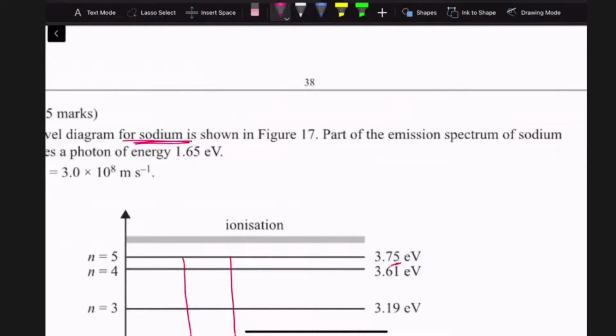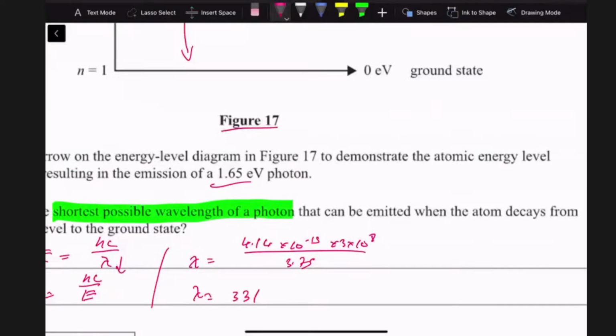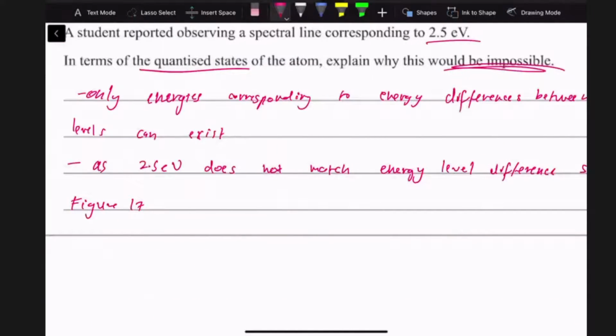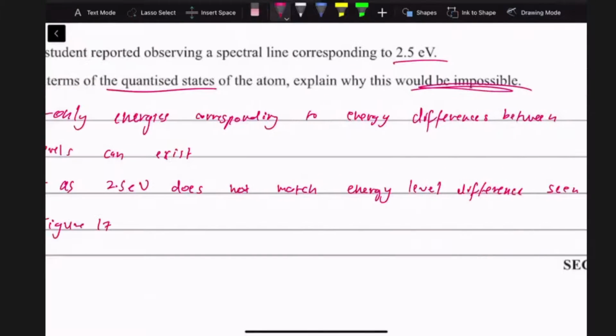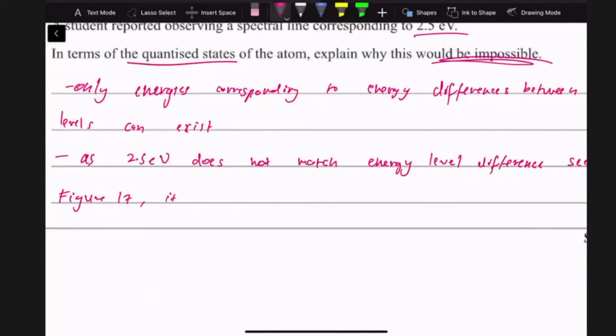No, sodium emission spectrum or something like that. Just explain how you're basing that there isn't a difference. So since it does not match an energy difference seen in figure 17, then just say it cannot exist, and hence it's impossible.